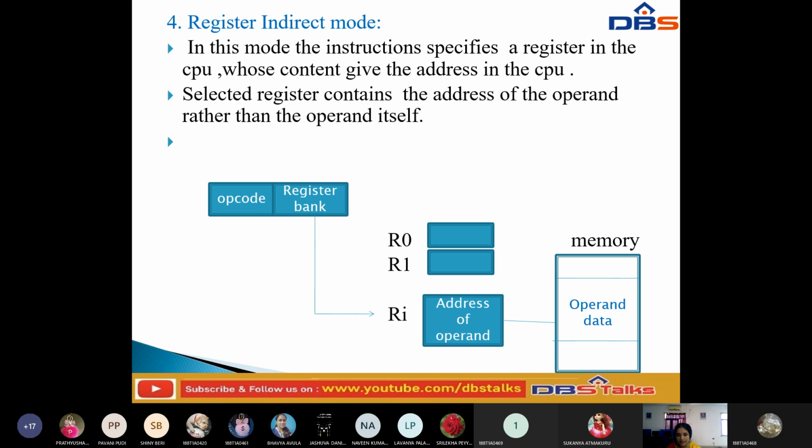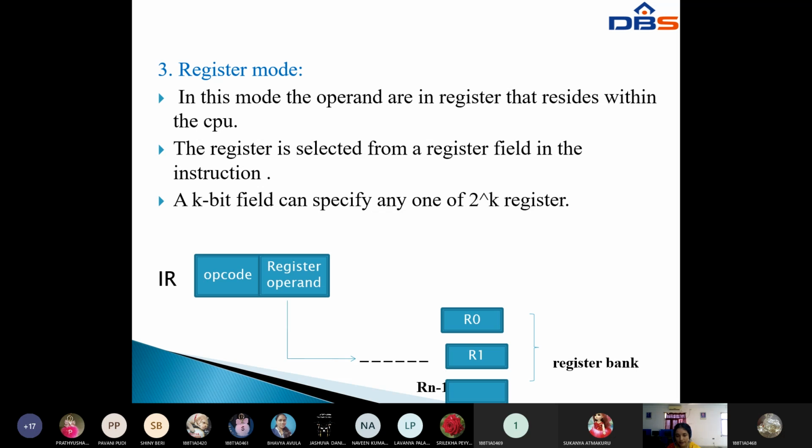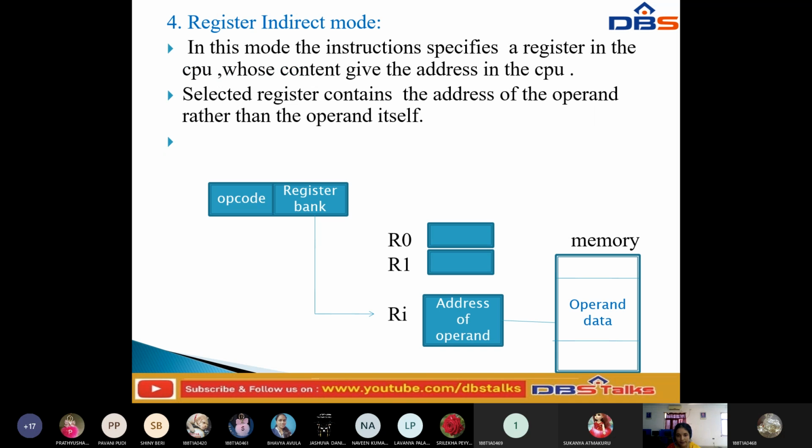The register bank means R0, R1, up to Rn-1. In this diagram we have the opcode and the register bank, and the register operand values are available in the register bank. The register value holds the address of the operand, which points to the operand data in memory. So this is the register indirect mode.